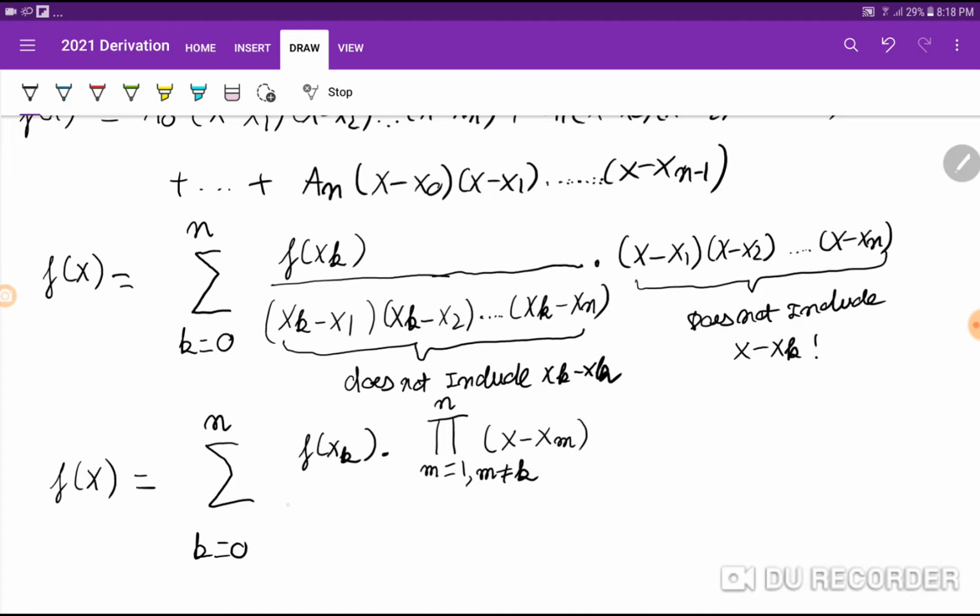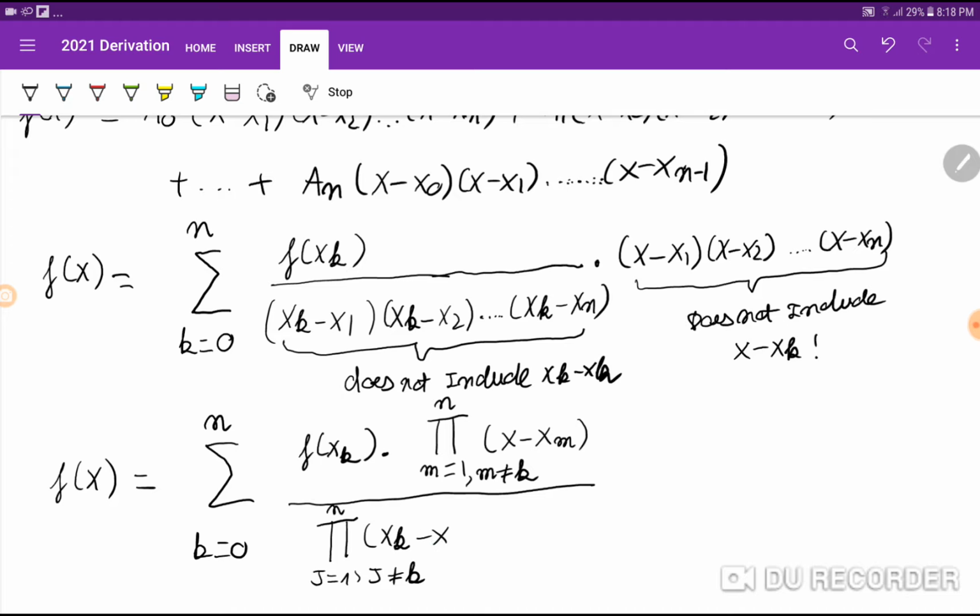It's different from k. Similarly, I'm going to introduce the same here, with j equal 1 to n, and j is not k, of (xk minus xj).